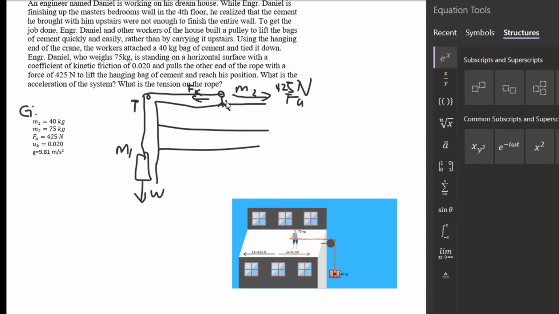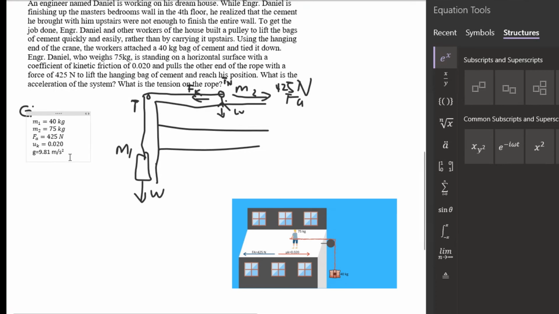Then on Engineer Daniel, there are different external forces, including the applied force, the kinetic friction, the weight force due to gravity, and the normal force, which is exerted by the surface on Engineer Daniel. So I think that's that.